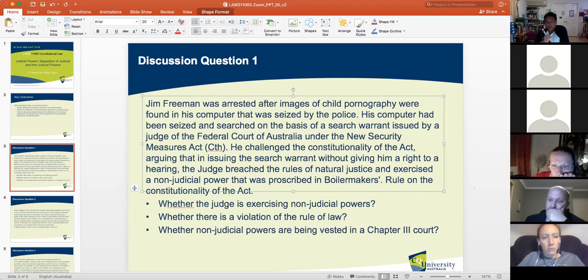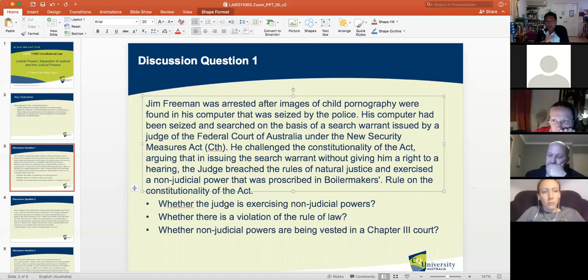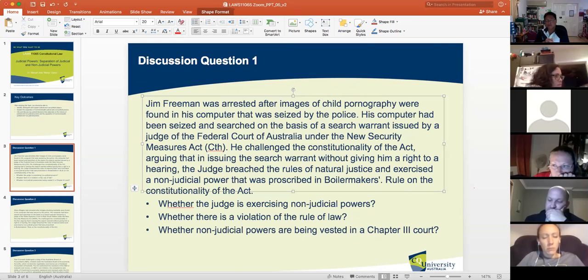So even if a judge may, under the persona designata rule, be acting in his personal capacity with his consent in order to perform non-judicial functions, the other requirement in the case of Grollo v Palmer is that the judge must be acting independently and cannot act as a tool or at the behest of the executive, because in that case that will bring into disrepute the independence of the judiciary.